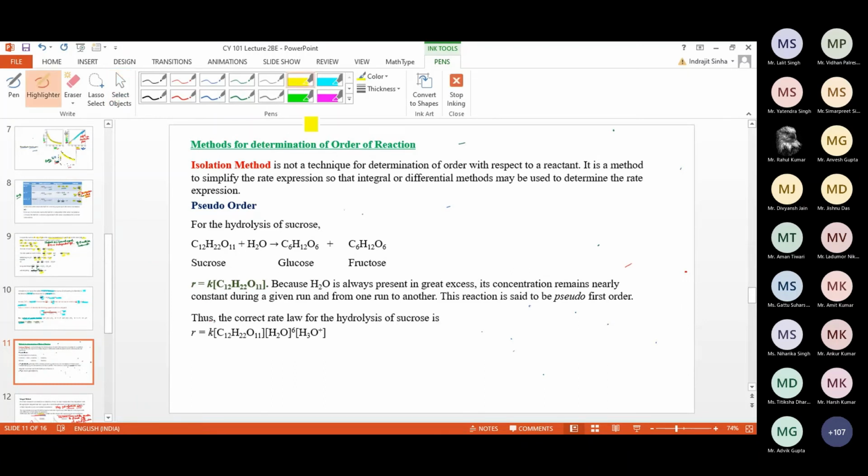Right. So let us concentrate on the methods for determination of the order of the reaction. By order of the reaction, we mean that the first target is to find the partial orders.